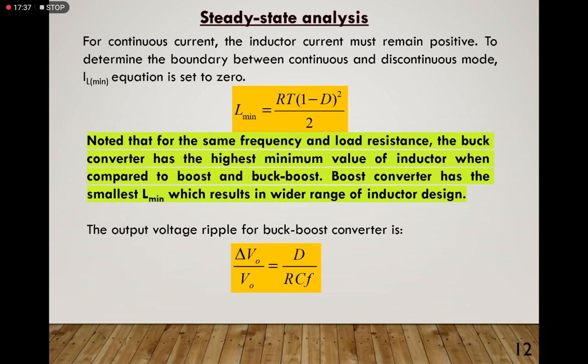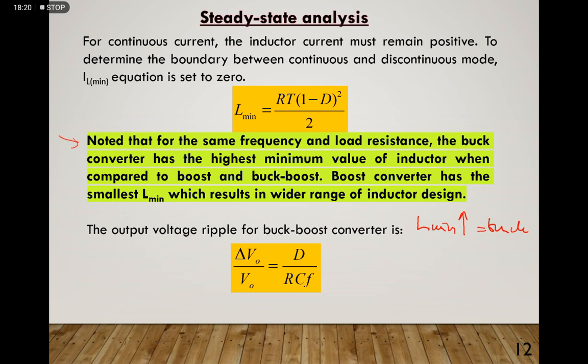From here, it mentioned in this point over here. If we compare the buck converter with the buck boost converter with the same switching frequency and also the same R, it is found out that the buck converter has the highest minimum value of inductor, the L min using buck is higher compared to boost and buck boost.